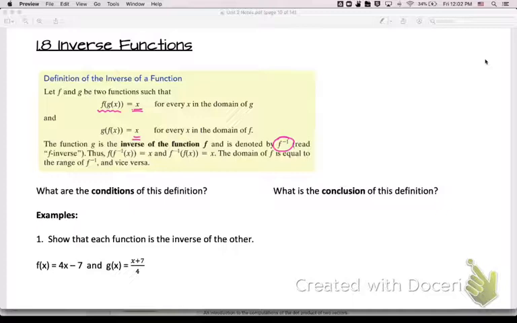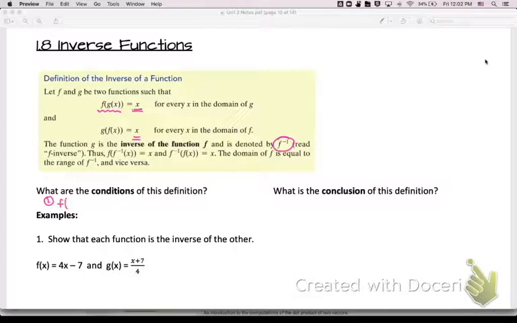In calculus, and you saw a lot of this in geometry as well, whenever we work with a formal definition or with a theorem, we always need to decide what are the conditions that must be met and what is the conclusion that you can draw. So the conditions in this case are where it says, let this be true. The conditions that we have to meet are we have to show two things.